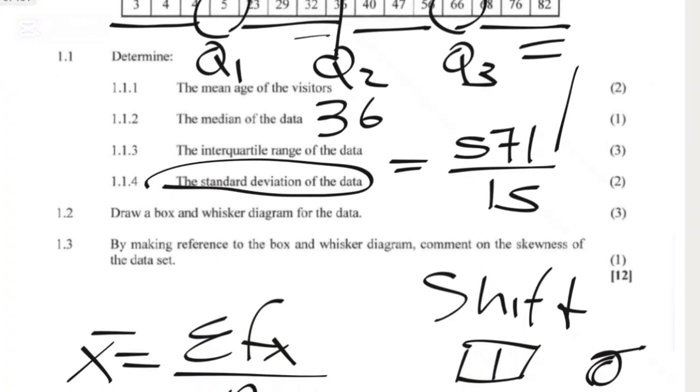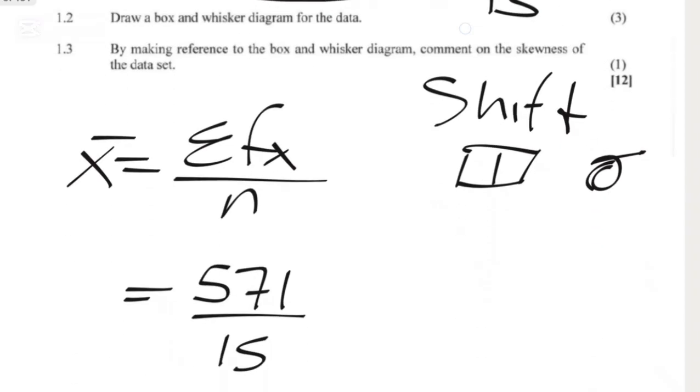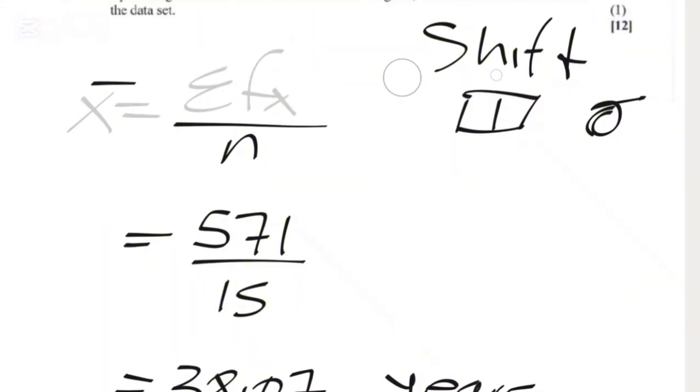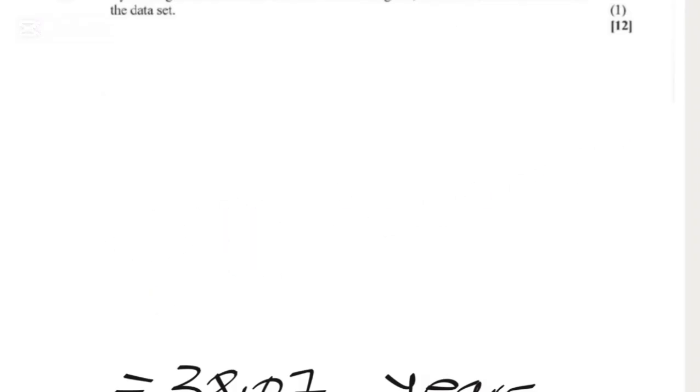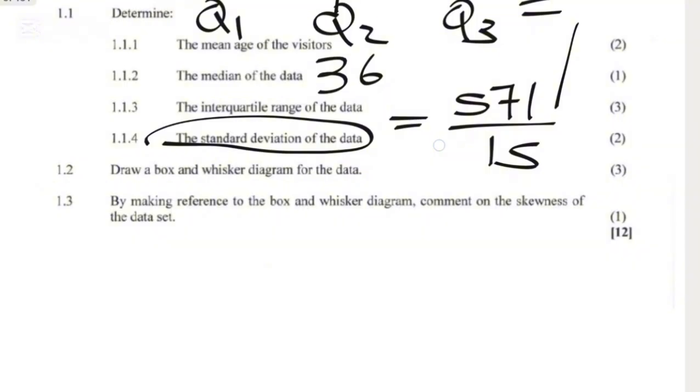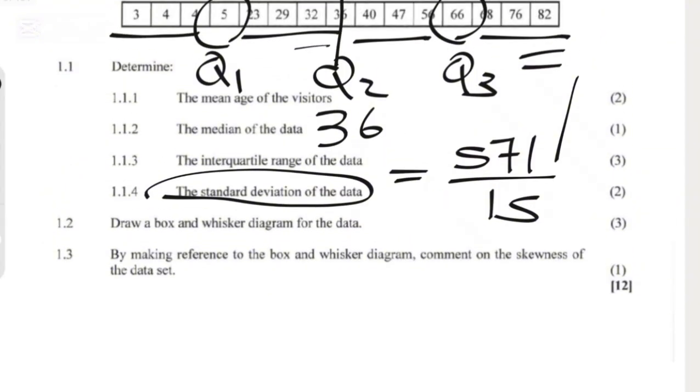Okay, so now you are required to draw the box and whisker diagram. Let me erase here. Box and whisker diagram. So look at this data. What is the minimum? Let's do the 5 number summary first. The minimum value is 3. Then what is Q1?